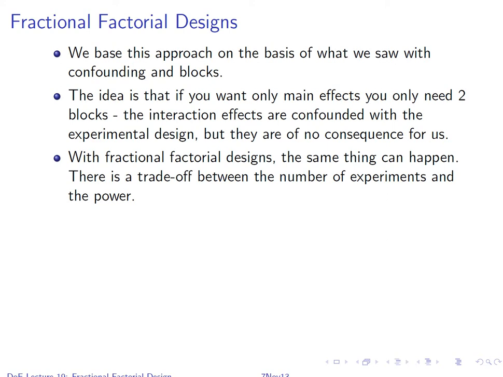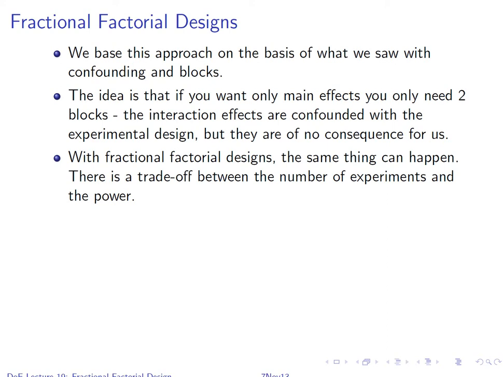So remember, our definition of power is that we correctly reject the null hypothesis if it is in fact false. Well, if you have aliasing, that is, if you have confounding between the effects, you're not going to measure the effect accurately, and you may not, in fact, reject the null hypothesis when it is, in fact, not true.